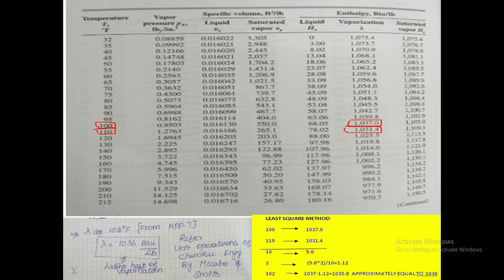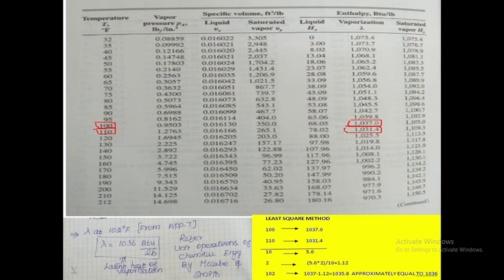Okay. Similarly, what is the difference between these two lambda values? 5.6. So 10 degrees Fahrenheit corresponds to a 5.6 lambda difference. What is the difference between the given temperature and the first temperature? Which one is the first temperature here? 100 degrees Fahrenheit. Given temperature 102 degrees Fahrenheit.